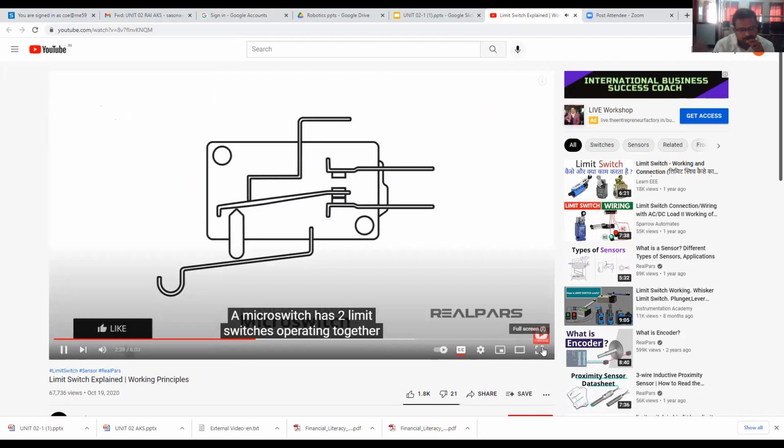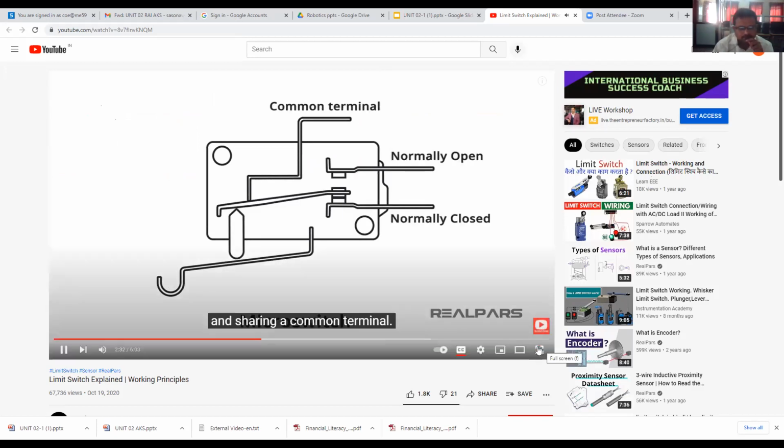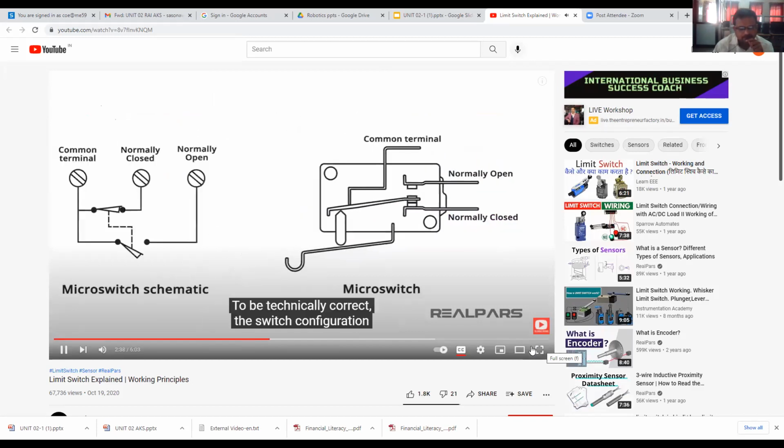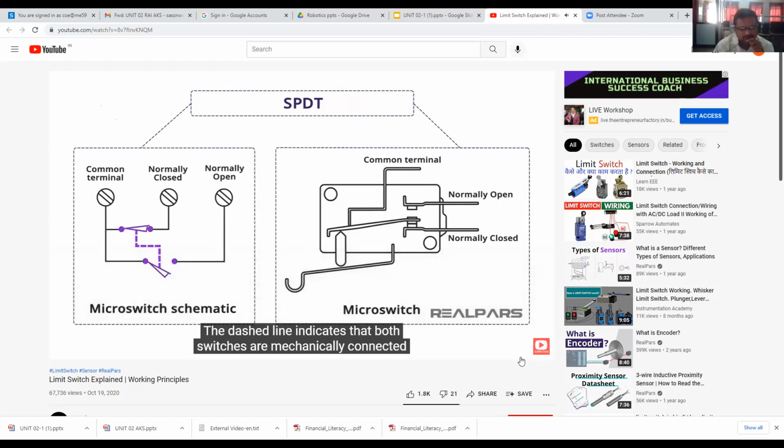A micro switch has 2 limit switches operating together and sharing a common terminal. One limit switch is normally open and the other is normally closed. To be technically correct, the switch configuration is single pole double throw, or commonly referred to as SPDT. The dashed line indicates that both switches are mechanically connected and will operate at the same time.